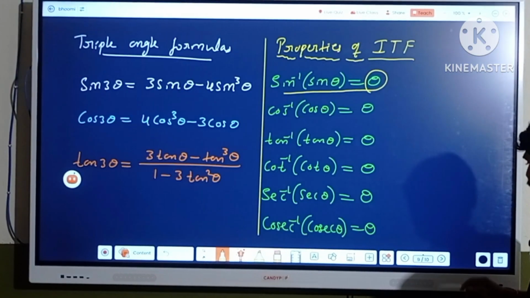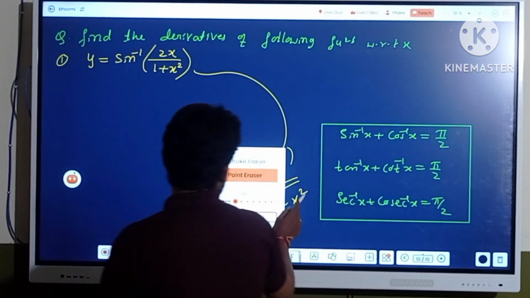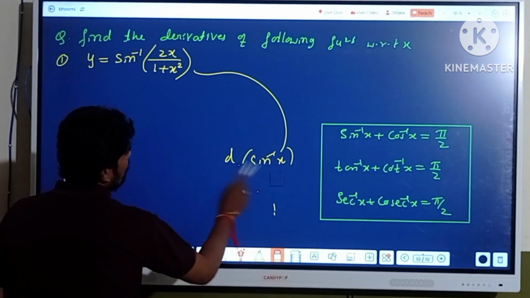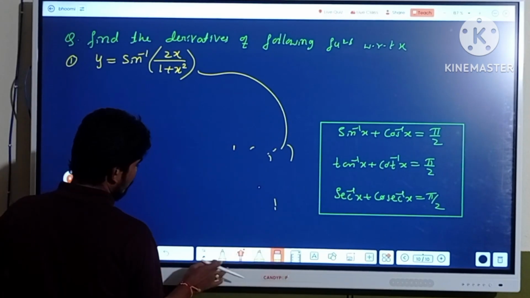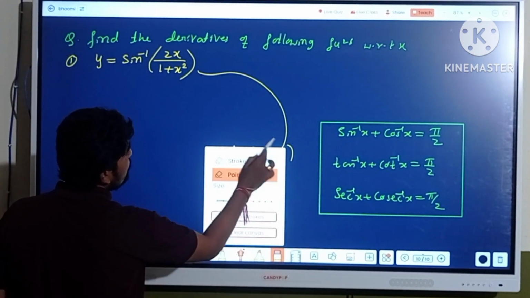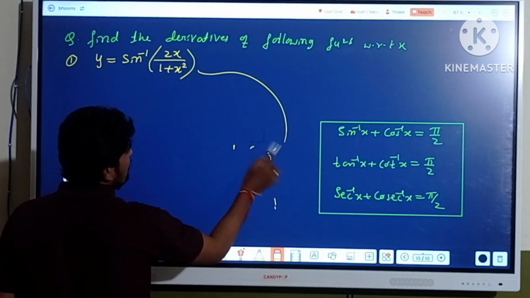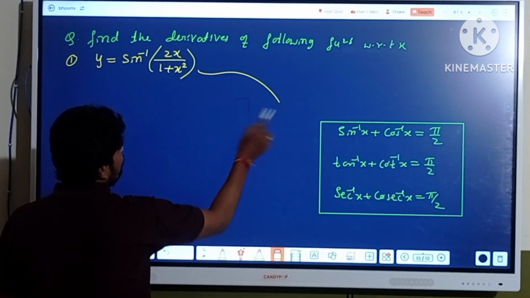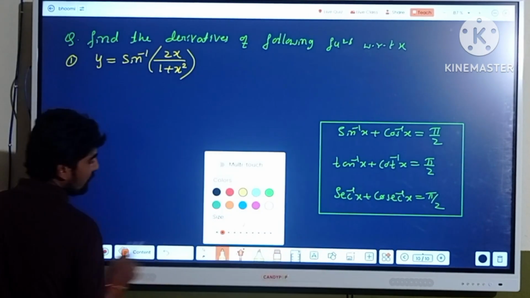So therefore, to write the simplest form of this y equal to sine inverse of 2x divided by 1 plus x square, we use what? X equals to tan theta.